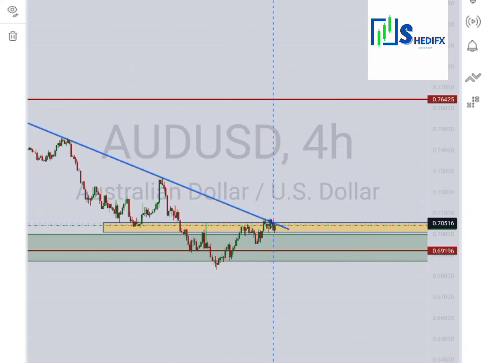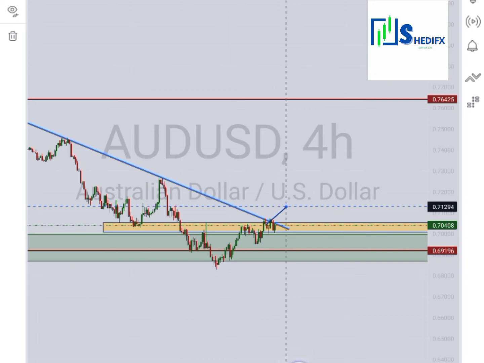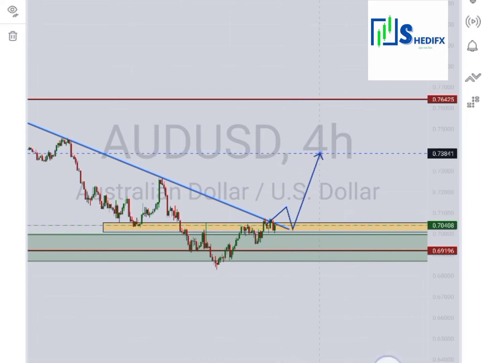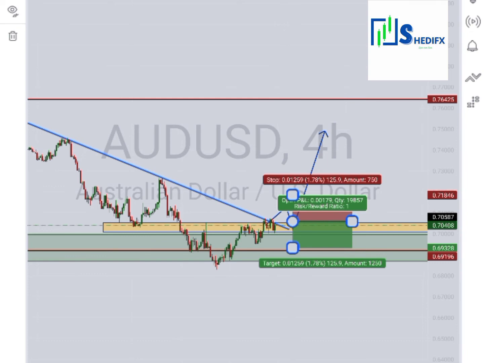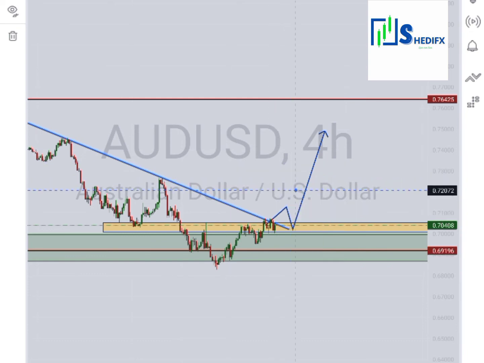So all we're looking out for is a breakout, a retest, and then a continuation. Sorry, that should be a long.